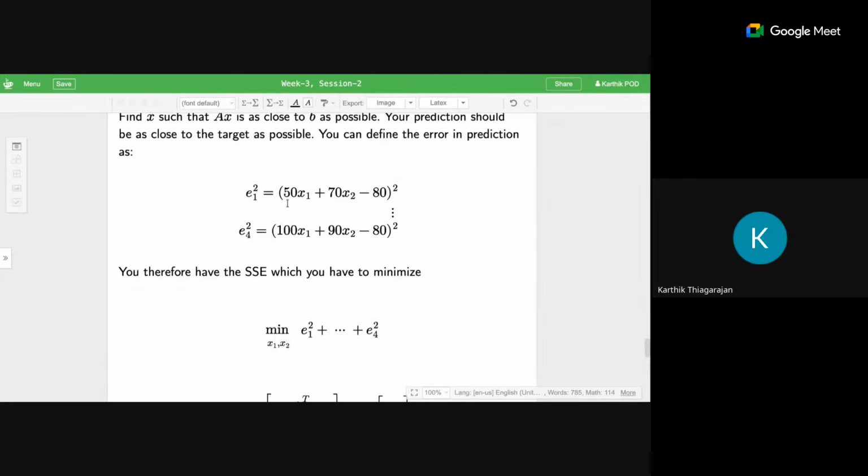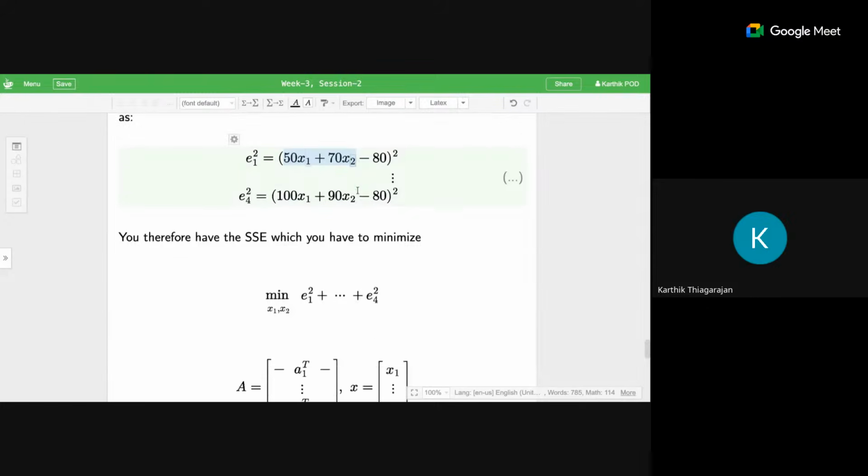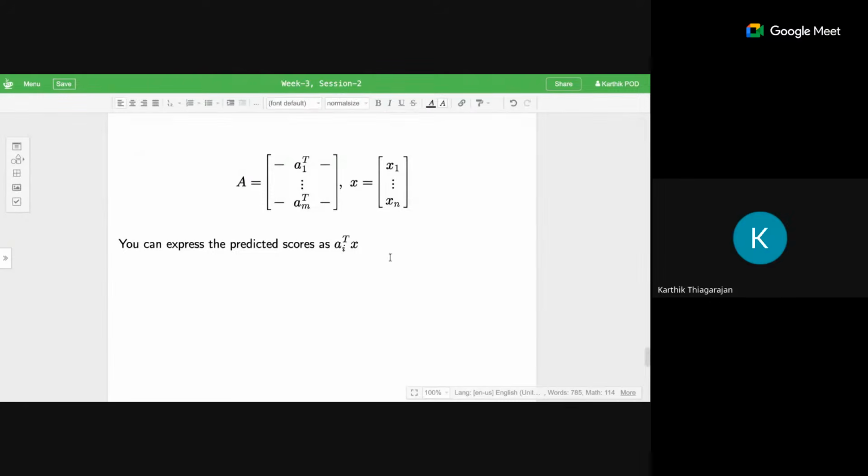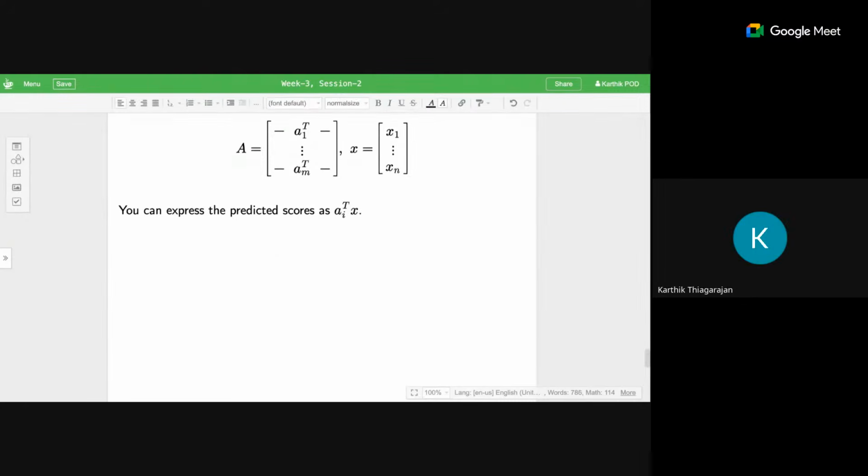That's the prediction. So 50x1 plus 70x2 is the dot product. Is this clear to everyone? Yes. Okay.